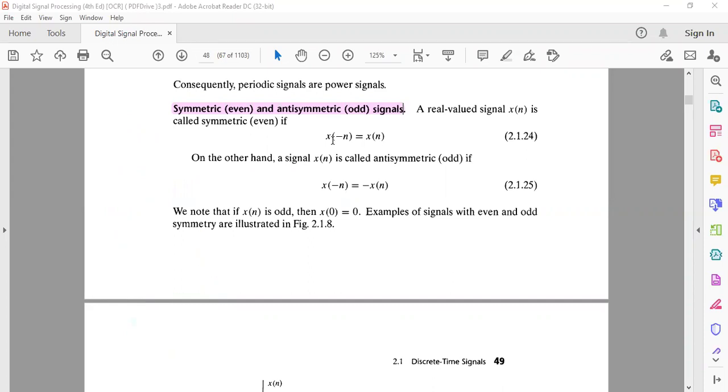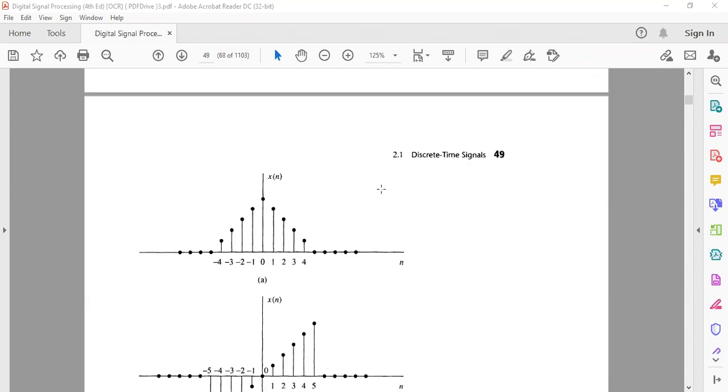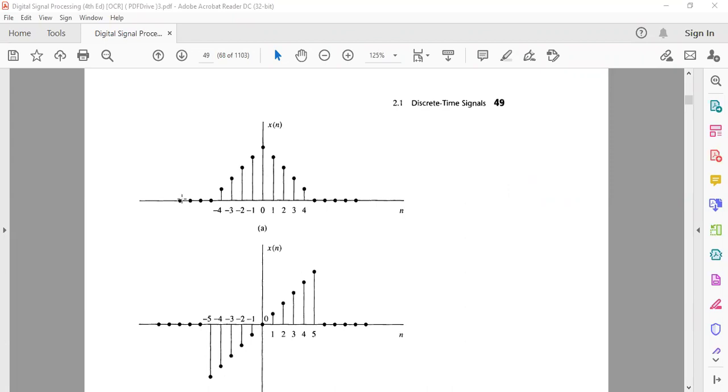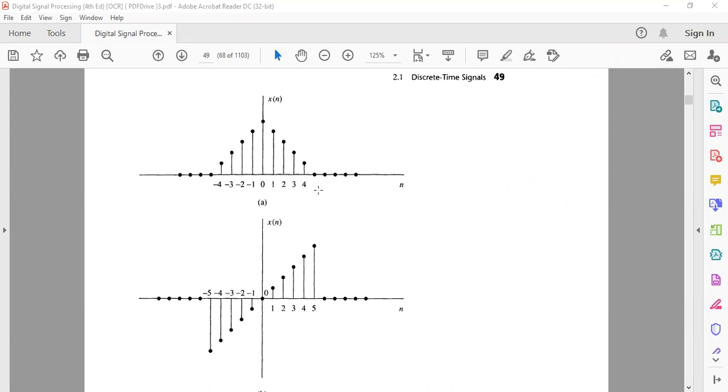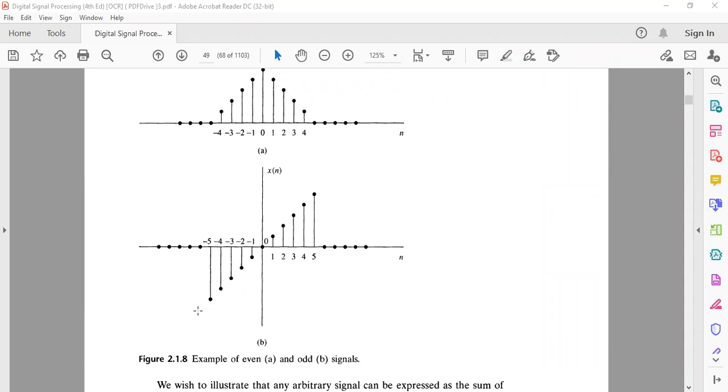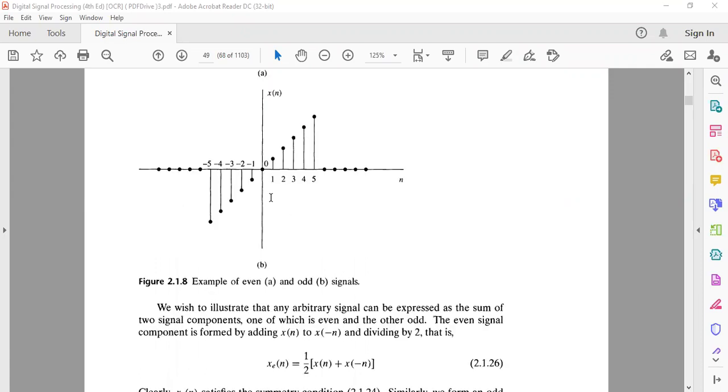That's what we are saying here, that if a signal has the characteristic that x[-n] is equal to x[n], it's said to be even. But if it is x[-n] equal to -x[n], then it is said to be odd. We can illustrate that one here. This is an even signal, while this is an odd signal.